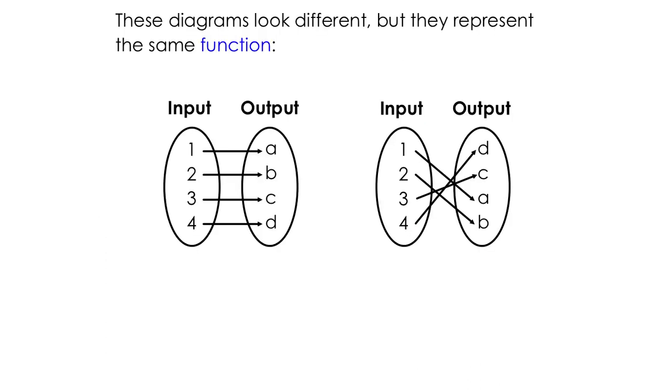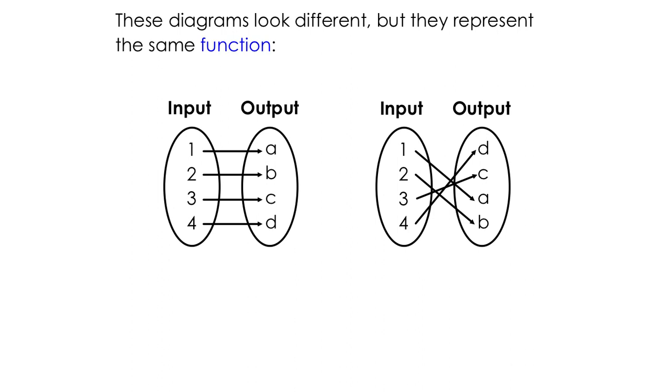Now, both of these mapping diagrams, this one and this one, believe it or not, they represent the same function, even though they look different. If you follow the lines, 1 maps onto A, 2 maps onto B, 3 maps to C, 4 maps to D. The difference is the order in which the output is written.